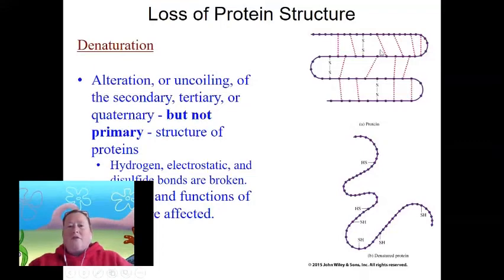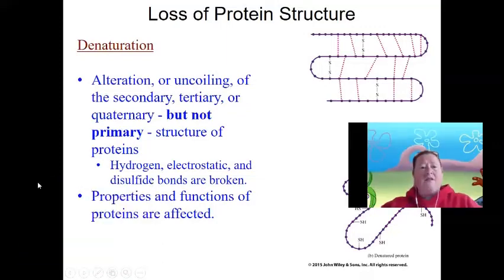Here is the overall structure of the protein, and this is an unraveling of that. So denaturation is the alteration or the uncoiling of secondary, tertiary, and quaternary structures. However, it does not alter that sequence of amino acids.